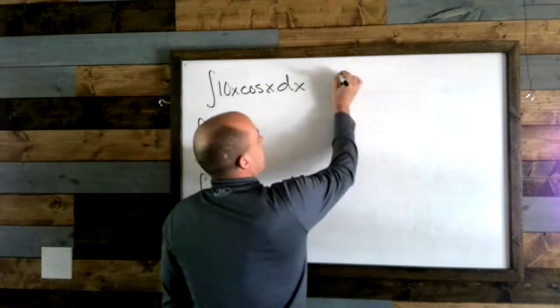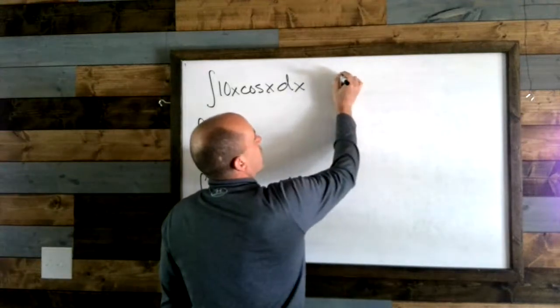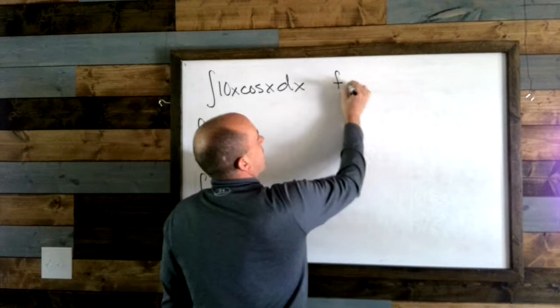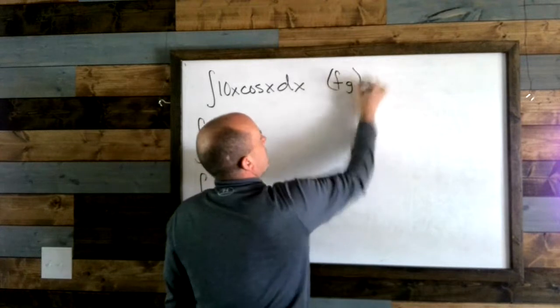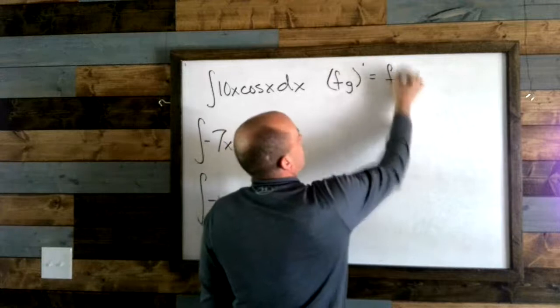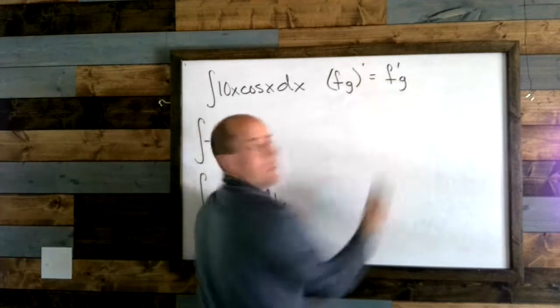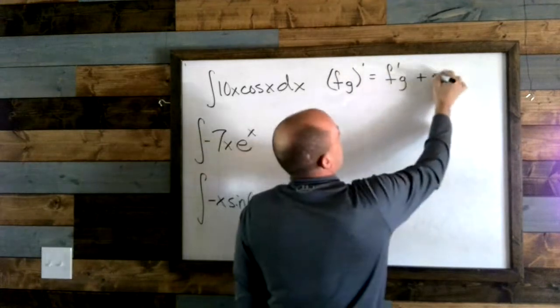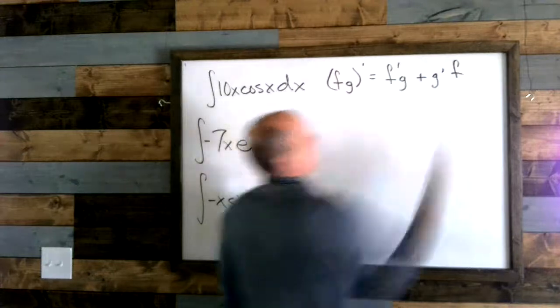We know that the product rule, if we take f times g and take the derivative of that, you get f prime times g left alone plus g prime times f.